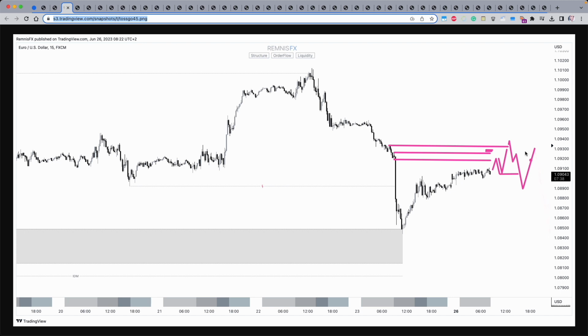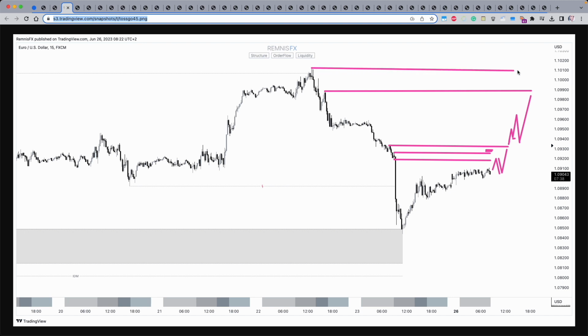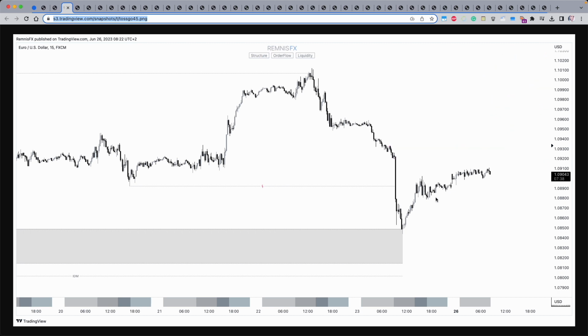Or eventually it may continue higher, give us bullish internal inducement here, and then target either this engineered liquidity, or like I mentioned earlier, continue higher and create that new higher high. So basically all ideas and possible scenarios to look out for.